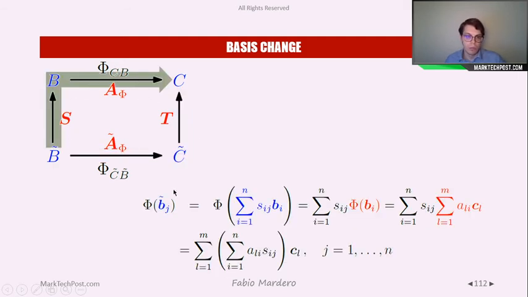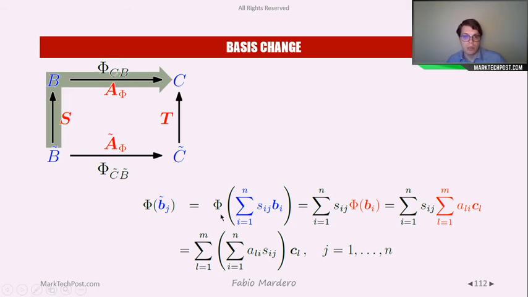Same thing: we want to apply phi to B tilde. So we want to go from V to W, but now we will take this path above. B tilde can be written using the basis B. The coefficients of this linear combination are the elements of the matrix S. Okay.